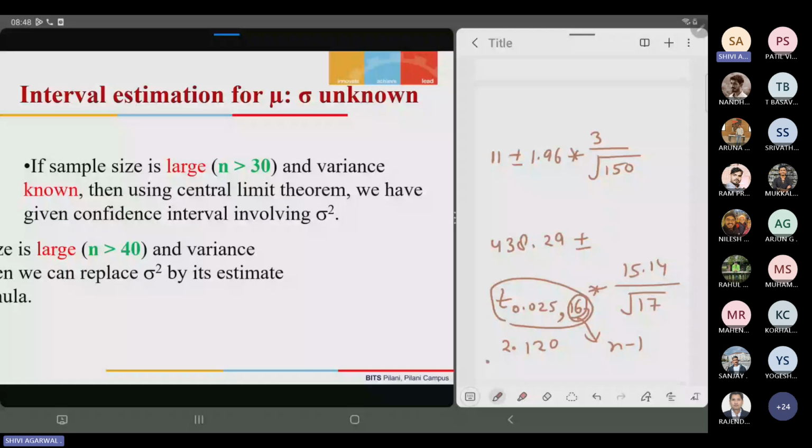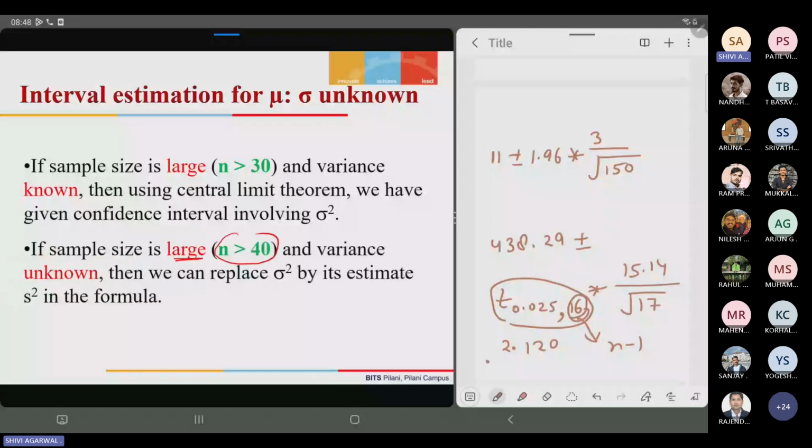If n is greater than 40, it is also large, but the variance is unknown, so we use s square instead of sigma square, and again the Z test. Instead of T, we are using the standard normal distribution, Z alpha by 2 instead of T alpha by 2.